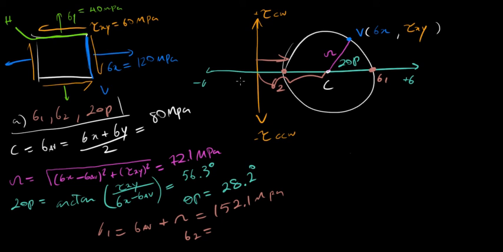So the center minus the radius is the principal stress 2. Sigma average minus the radius gives you 7.9 megapascals. Okay, so now we actually have everything we need to answer A.